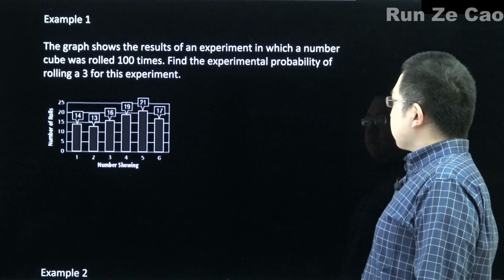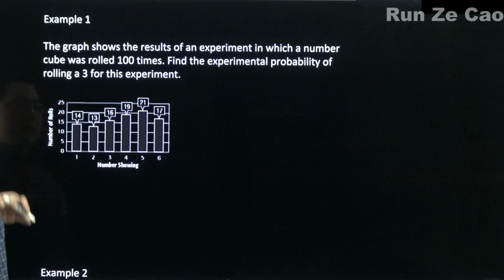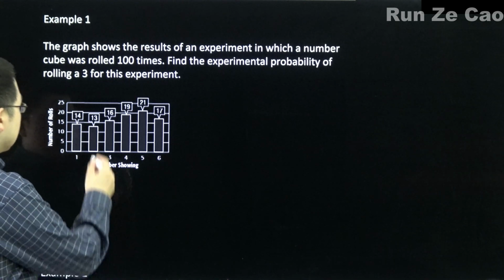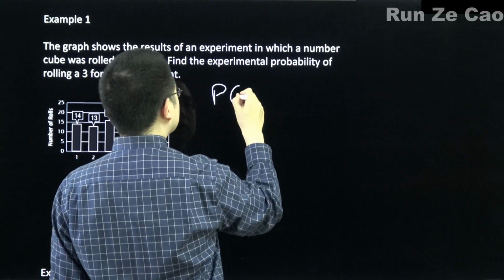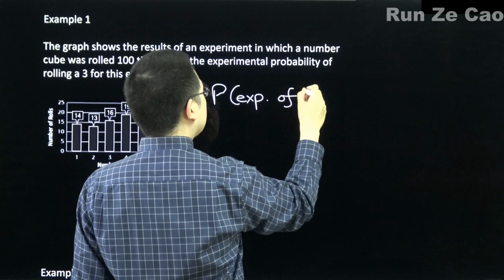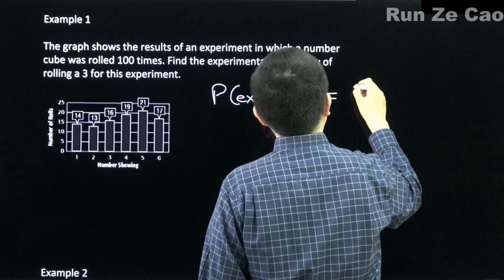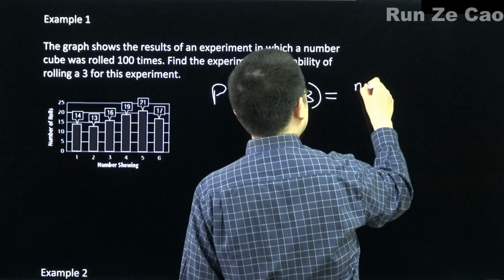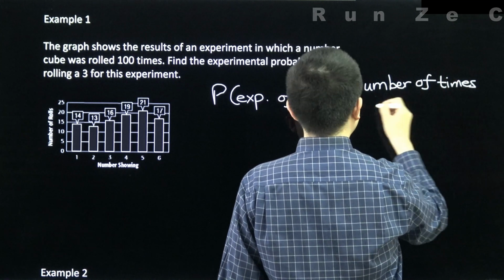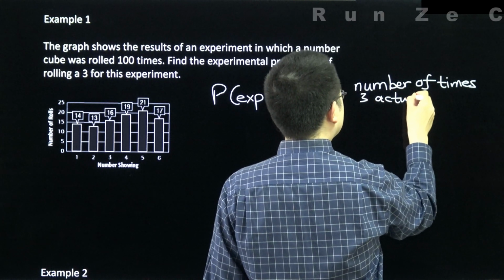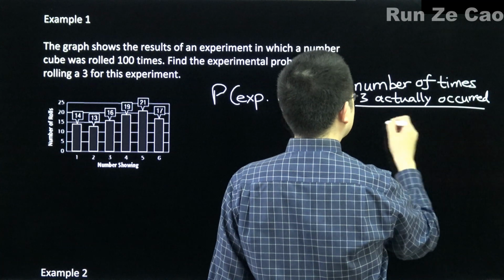Like say this graph, if you roll a number cube 100 times and you end up with this distribution, then your experimental probability of rolling a 3 is going to be 16, or number of times, yeah, we should write that down, number of times 3 actually occurred, divided by total trials.